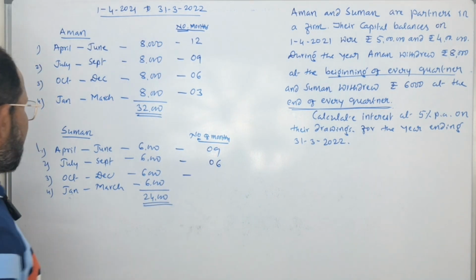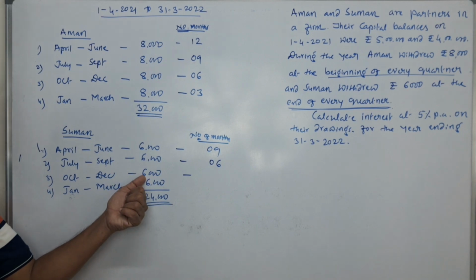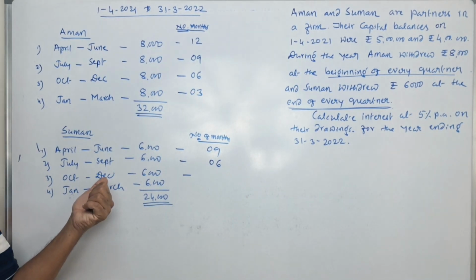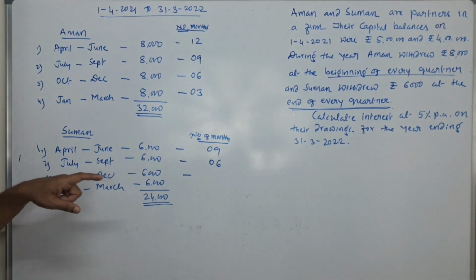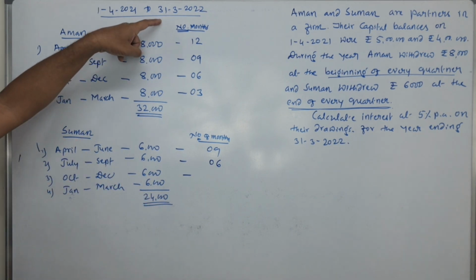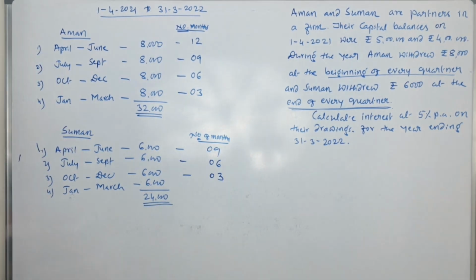Next one is, you see, this is his third quarter. He withdrew rupees 6,000 on 31st December, at the end of this quarter. Therefore, we need to calculate the period from 31st December to 31st March. It comes to how many months? Only 3 months.